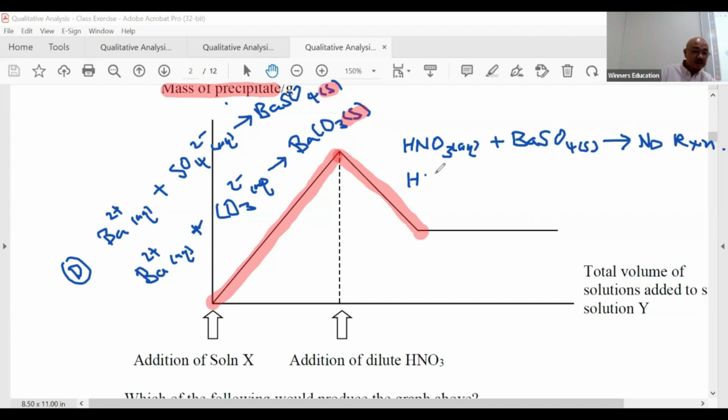However, nitric acid can react with the other one because we have learned from ABS, all acids react with all carbonates to form salt, water, and carbon dioxide gas. May I know what is the name of the salt? What's the formula? Barium nitrate, which is soluble in water.